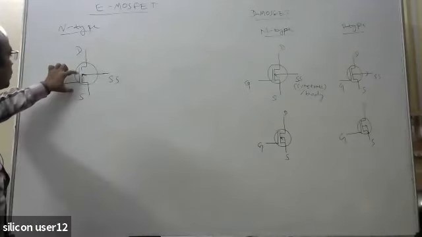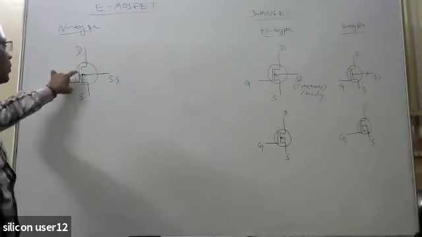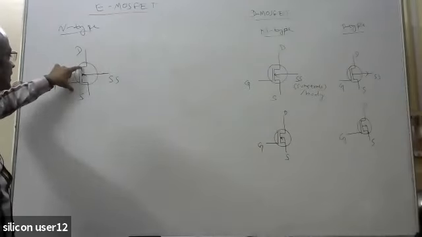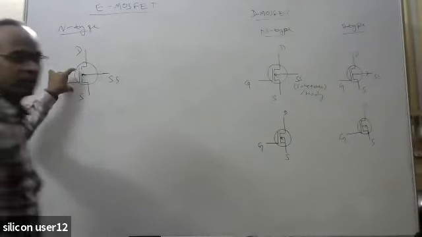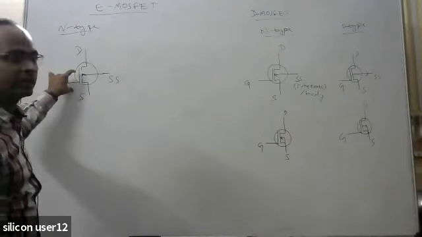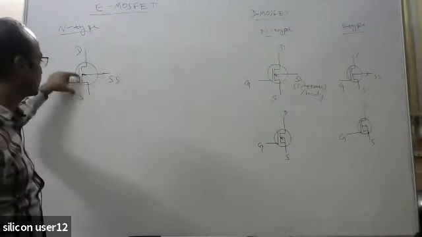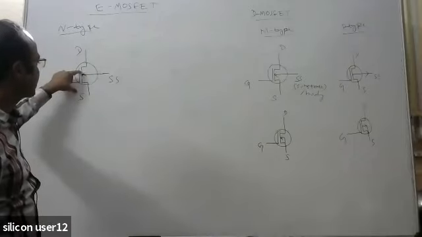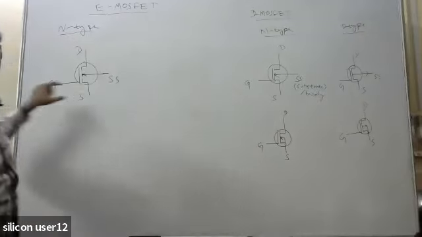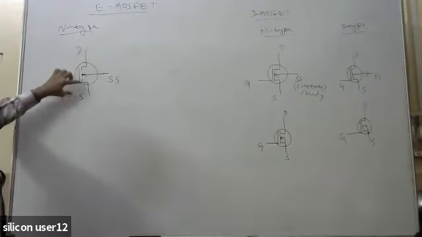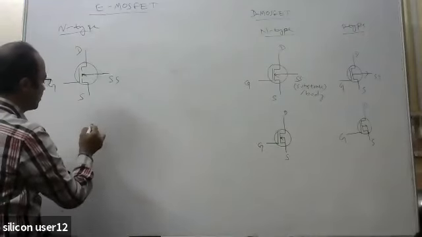You can mark here, we have two cut lines. Why this cut line? Because in the case of the enhancement type MOSFET, the channel is not there from the beginning. I'll explain that after some time, when I explain the enhancement type MOSFET. But since I'm telling you about the symbol of the D MOSFET, I told you. Just see the difference. Here we have a connected line, and here we have a disconnected line, or it can also be drawn like this.